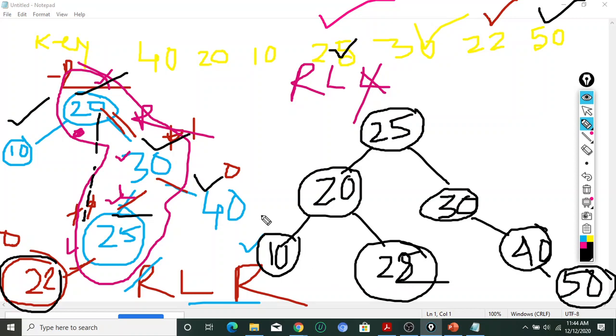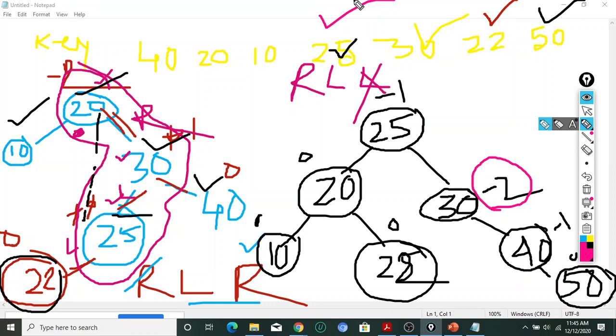Let me check, this is 0, this is 0, this is 1 minus 1, that is also 0, this is minus 1, no left subtree is present, so that is minus 2, and then this is minus 3, so this node is imbalanced, yes or no? This node is imbalanced. Okay, so we will consider these 3 nodes.